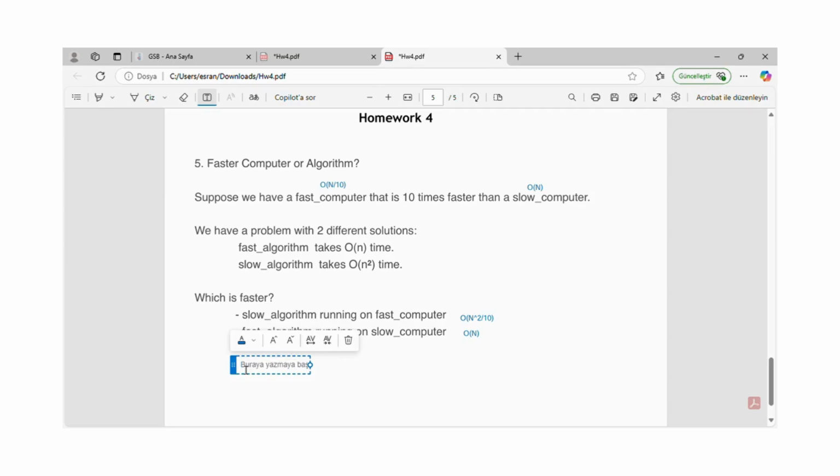The fast algorithm on the slow computer is better for large n. Okay, that's all.